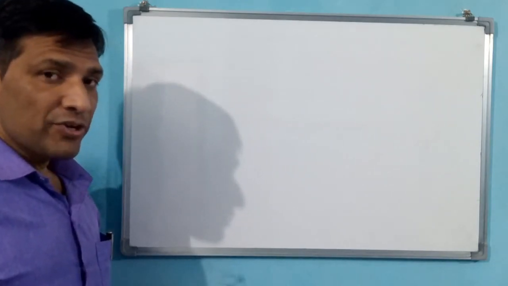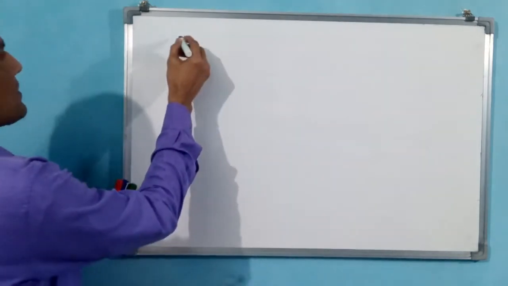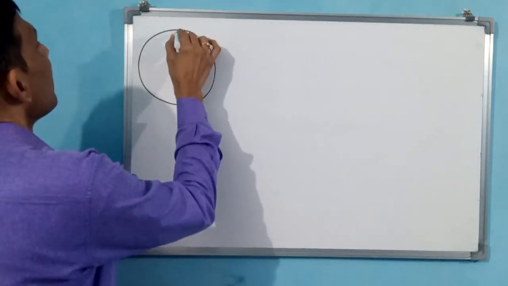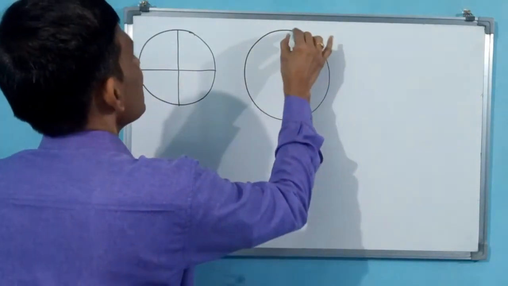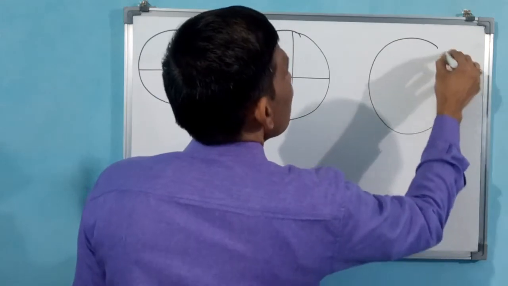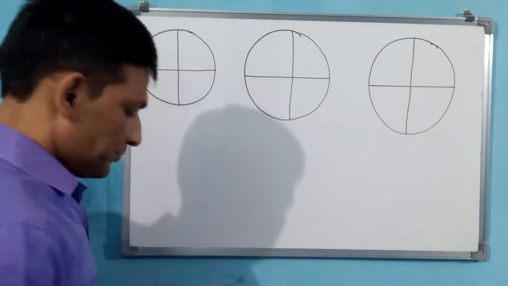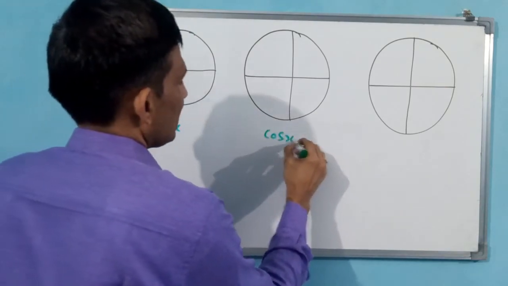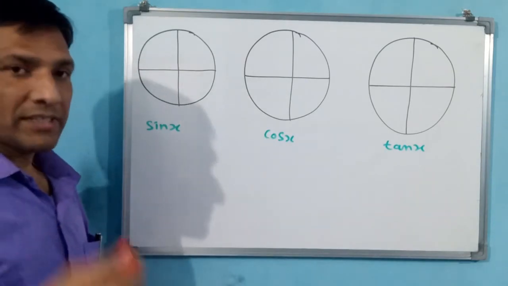But before that, I want to write the circle diagrams of these three: sin x, cos x and tan x. Okay, see the circle diagrams of sin x, cos x and tan x.